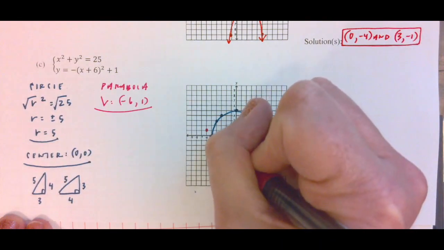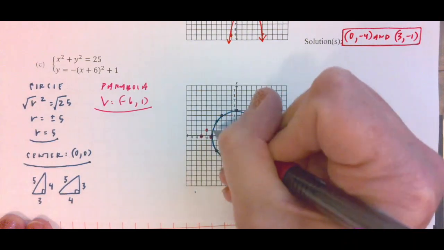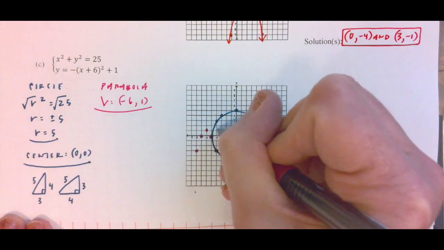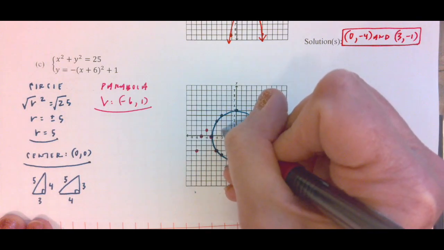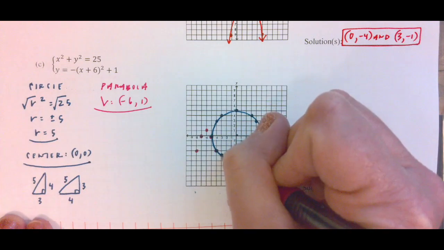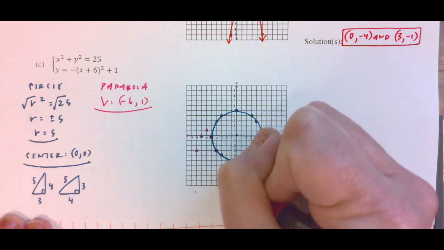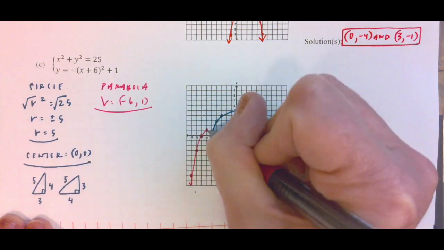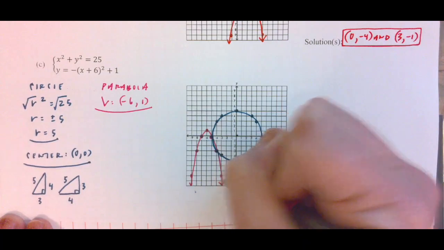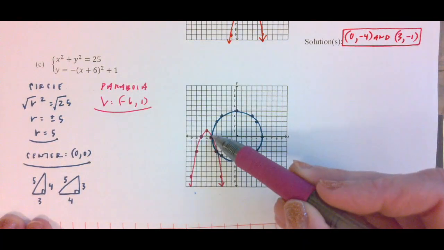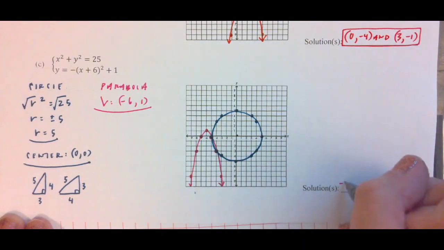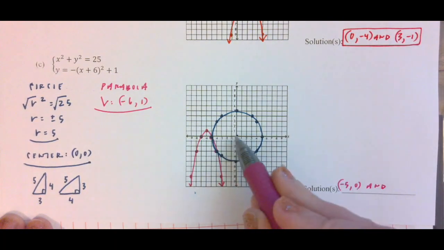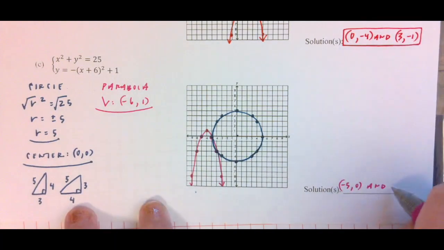So over 1, down 1, back to the vertex, over 2, down 4, back to the vertex, over 3, and down 9. So here and here. So my 2 points of intersection here will be at -5, 0 and at -4, -3.